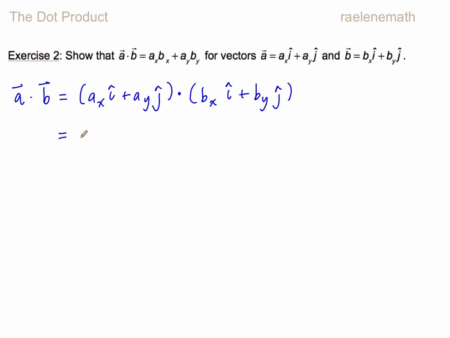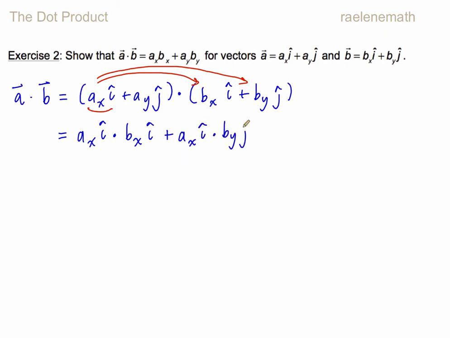And it looks like this. The first will be distributed across, and we get ax i hat dotted with bx i hat, and then I'm going to take the ax i hat and distribute it to the second term, which gives us plus ax i hat dotted with by j hat.